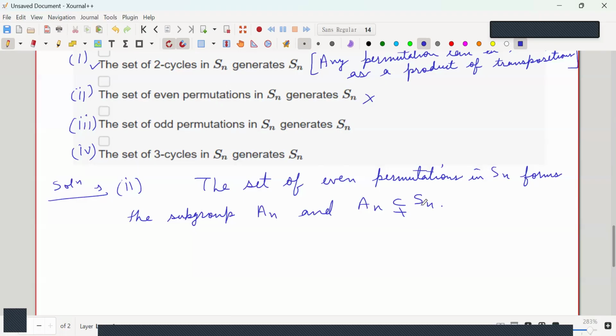Okay. The set of odd permutations in Sn generates Sn. This is true. Reason: this set already contains all the transpositions.